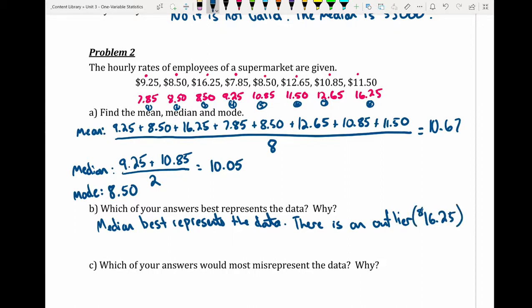And this outlier is going to skew the data. It's going to make the average salary a lot higher than it actually is. And if I look at my two values, the mean was 10.67, the median was 10.05. So it raised the salary by about 52 cents. So there is quite a difference.